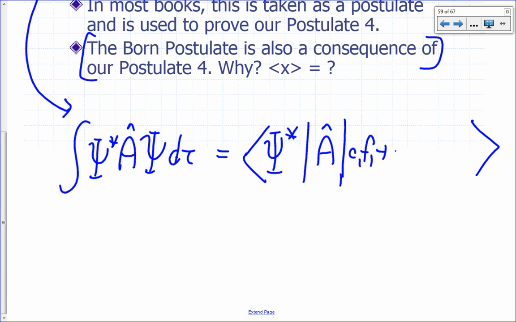C1 f1 plus c2 f2 plus and so on and so forth, right? We're going to say that A hat f1 is equal to A1 f1, where A1 is one of the eigenvalues, right? And so on.